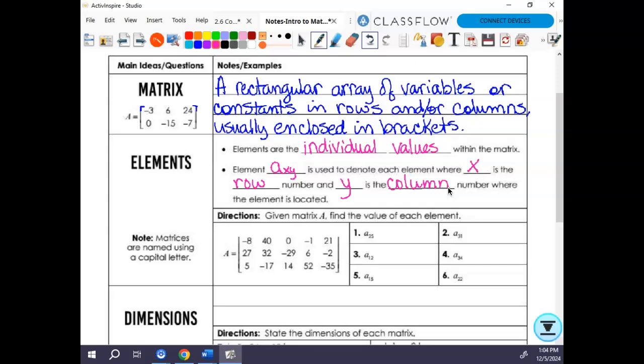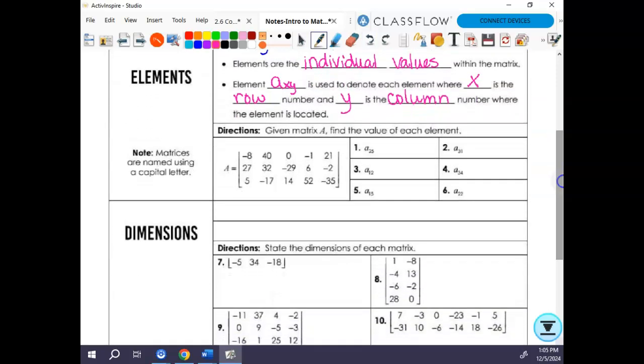So what that means is this. Let's look at these little examples here. It's always row, then column. So a 2,5 means I go to the second row and the fifth column, and that element is -2.